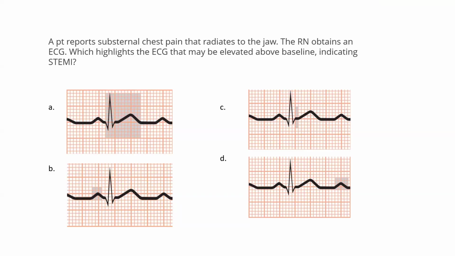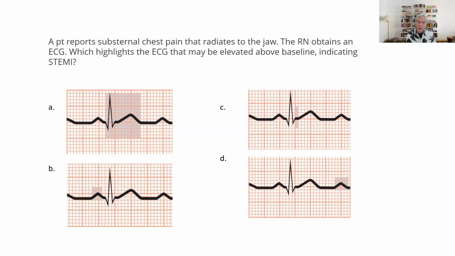Oh, this one's tricky. Okay. So it's the same thing. You already know that. Which highlights the ECG that may be elevated above the baseline, indicating STEMI. You remember STEMI? What does it stand for? ST elevated MI. Okay.